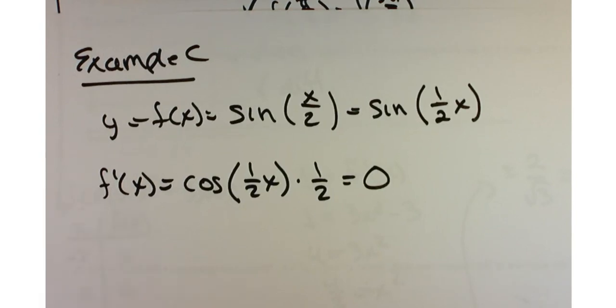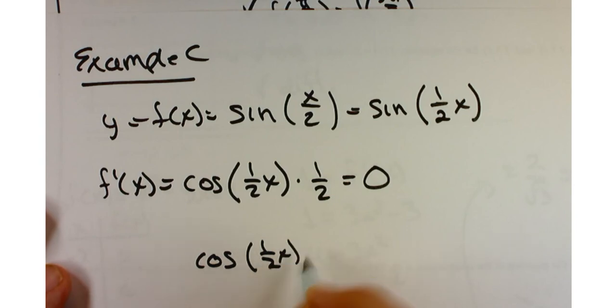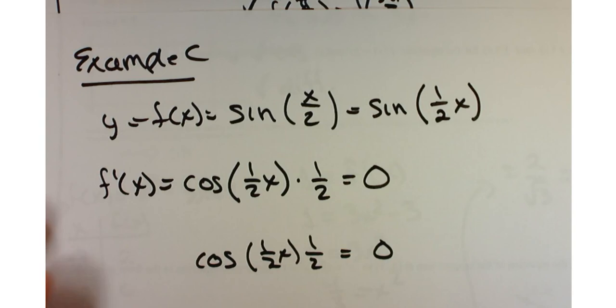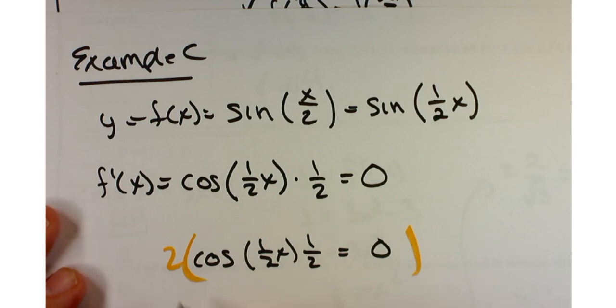So, what I would do if this was my problem is I would multiply both sides by 2 and get rid of that constant of 1/2. So multiply by 2. That's going to be cosine of 1/2 x equals 0.